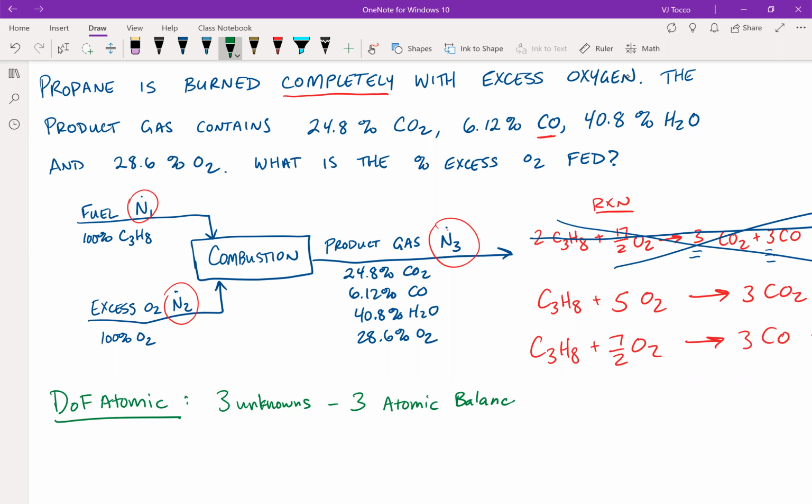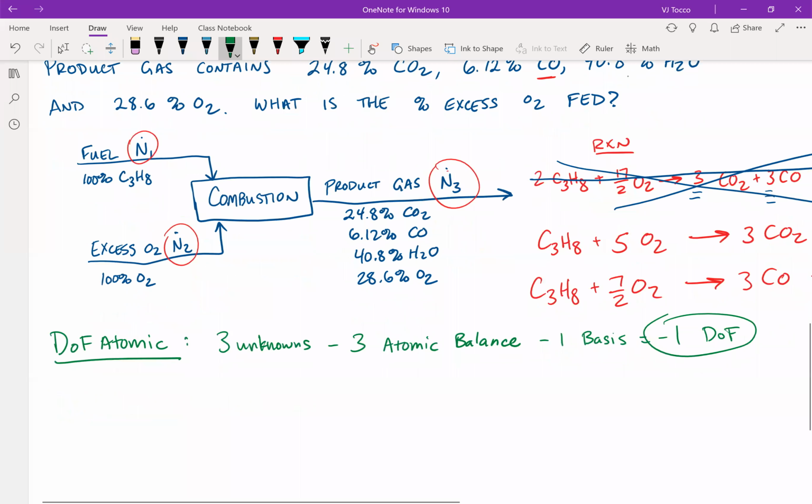And then also, in this problem, I think I need to set a basis because I have not been assigned a basis yet. So I actually have -1 degrees of freedom here. I'm not going to let that deter me. Again, if you have -1 degrees of freedom, it's either redundant information or it's contradictory. So let's just do the balances and we'll see if they work out in the end. And if they do, then that means that we have redundant information.